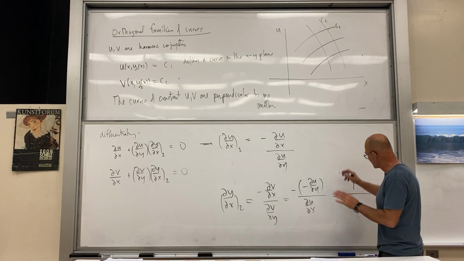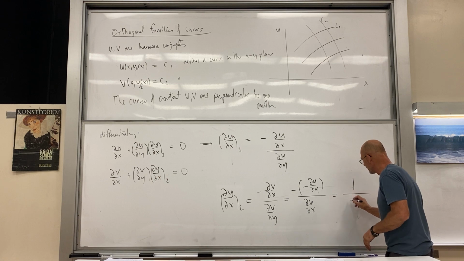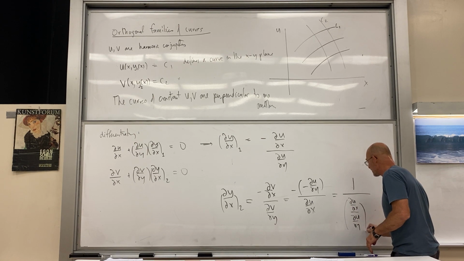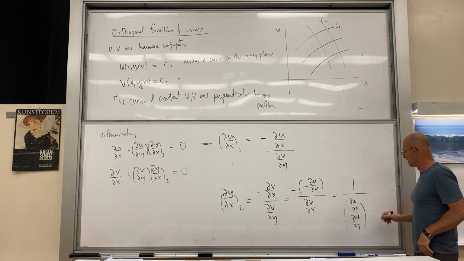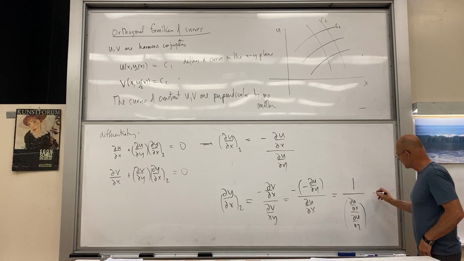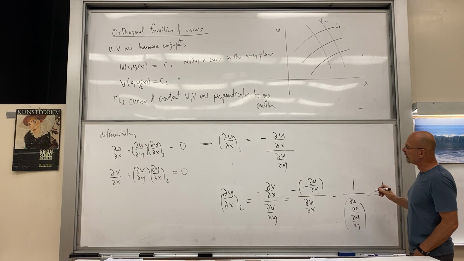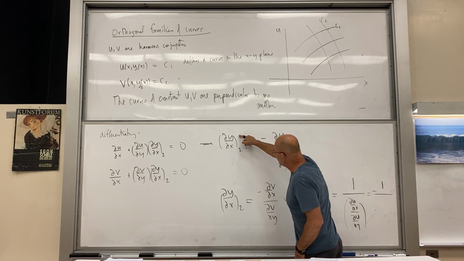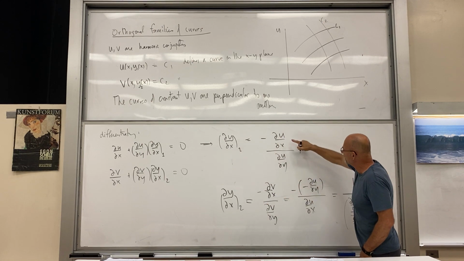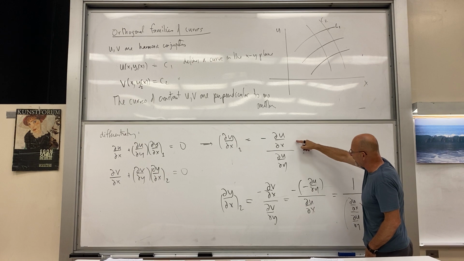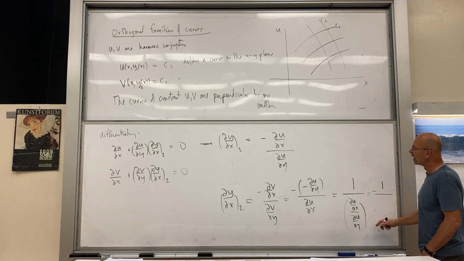I won't skip steps, so let's just write this. We have positive du dx divided by du dy. And what this is, is minus 1 over dy dx sub 1, okay? Because it's just lacking the minus sign to be like the inverse of that one.